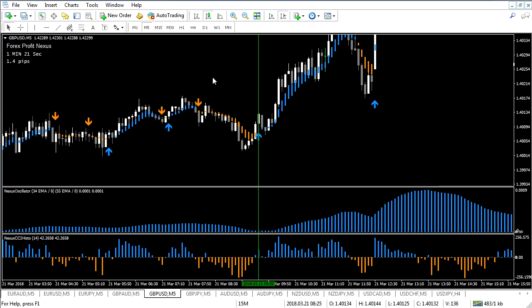Now we can tell that's turned blue because the arrow will pop up underneath it. Once that candle closes and that Nexus wave prints blue, we're going to get an arrow, and that arrow is pointing in the same direction as the Nexus Oscillator, which means we are good to go. We can look to take a trade.